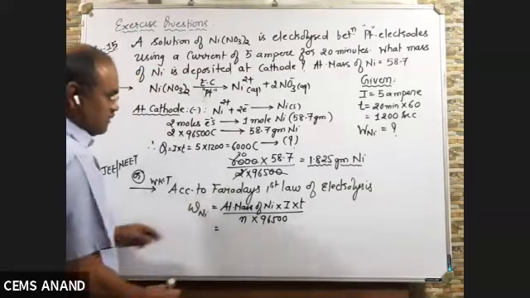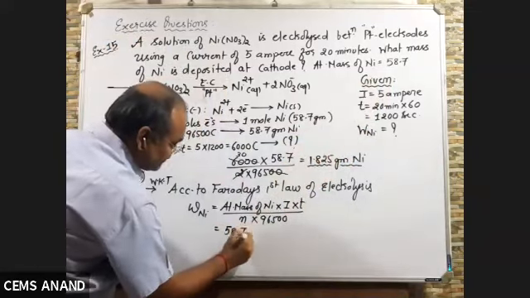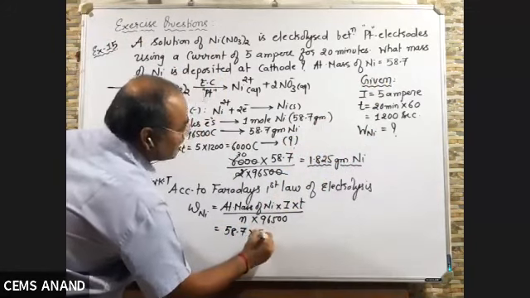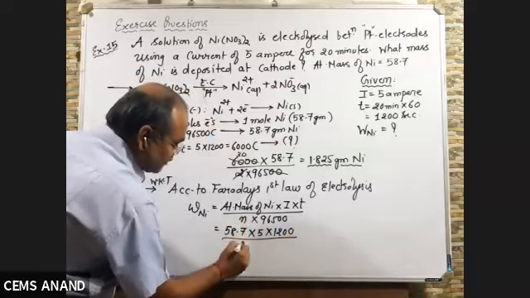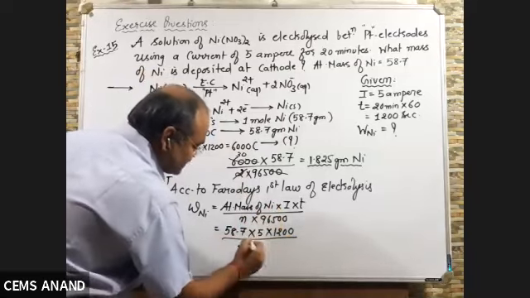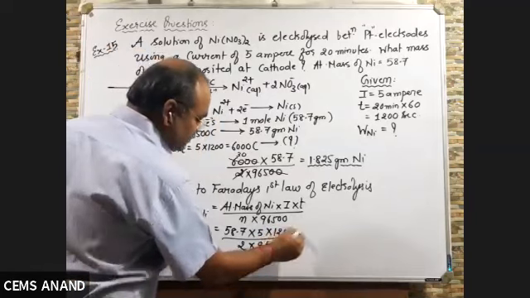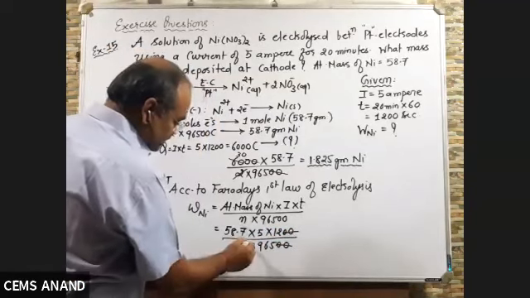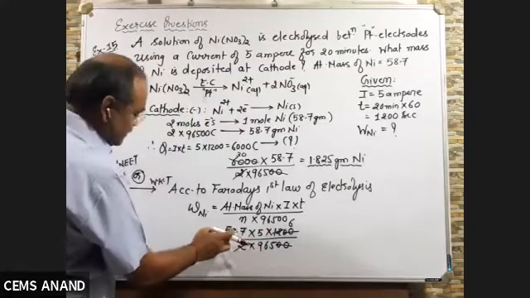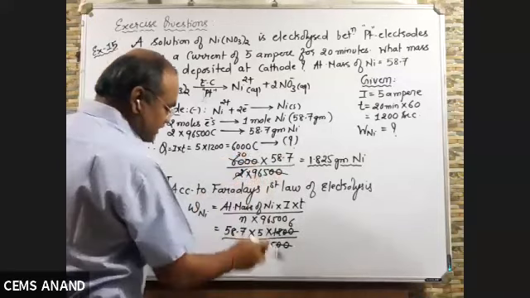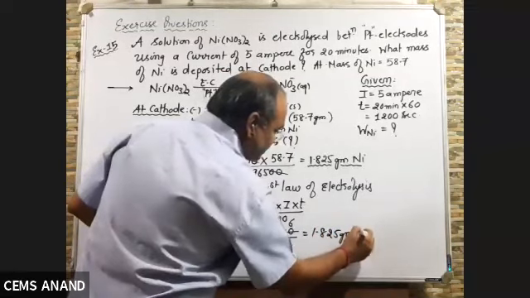Atomic weight of nickel is 58.7, into I which is 5, T which is 1200, divided by n, the number of electrons transferred, which is 2, and 96500. Is it the same thing? 2 zeros cancel. 6 2s are 12, so 6 5s are 30 into 58.7 by 965. That will also equal 1.825 gram nickel.